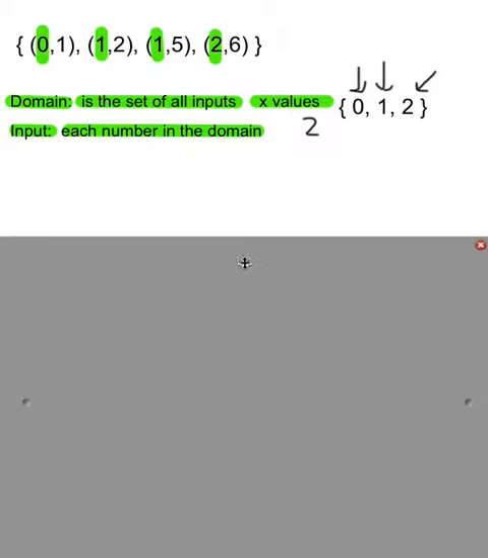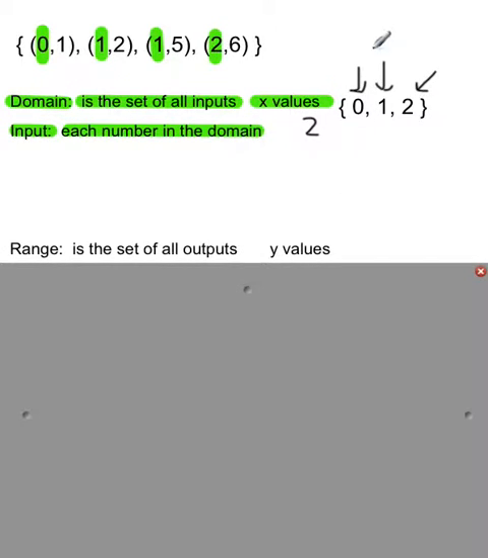Your other set of vocabulary words, I'm going to start with range. Range is your y values, or the set of all the outputs. Okay? So if I go back up to your relation up here and look for all the y's or the range, I'm going to highlight all of my y values in yellow.